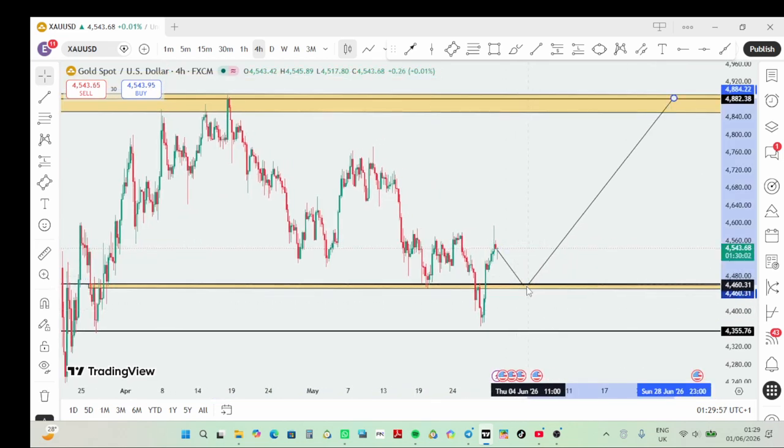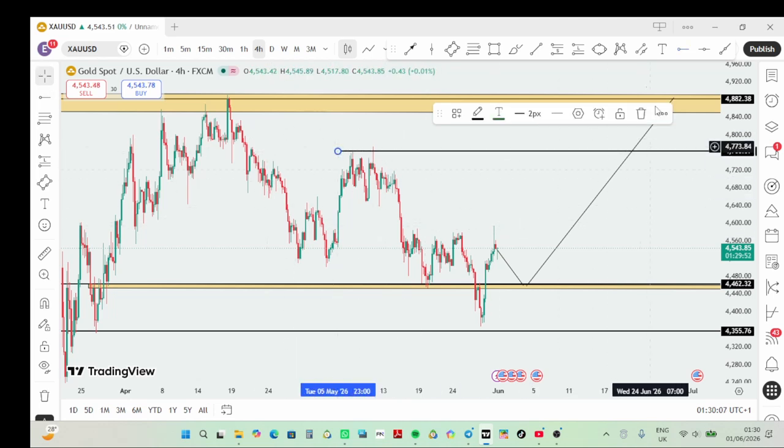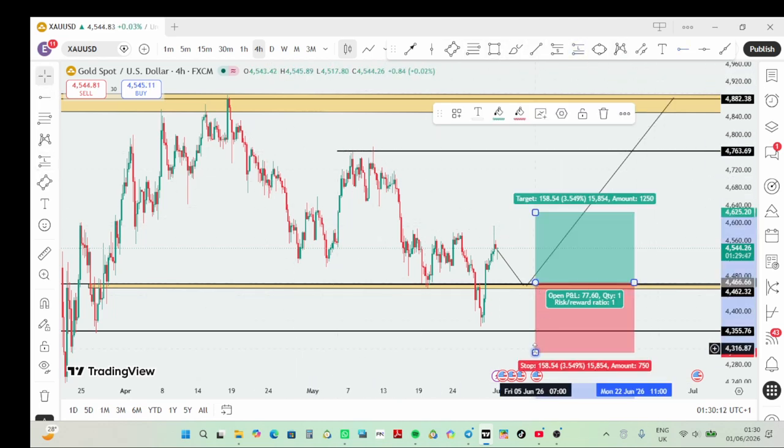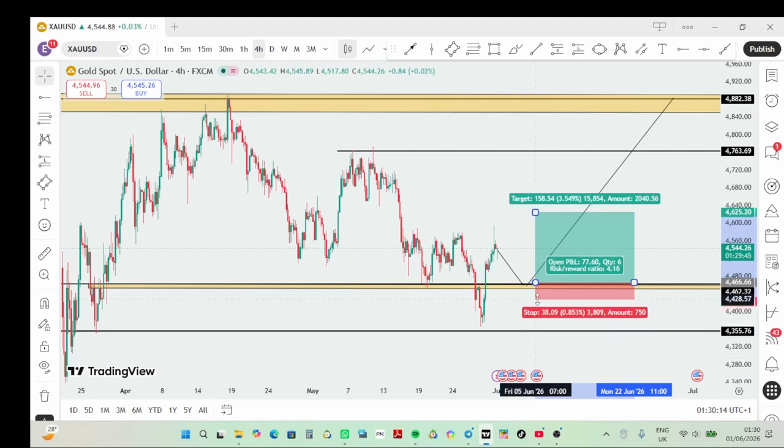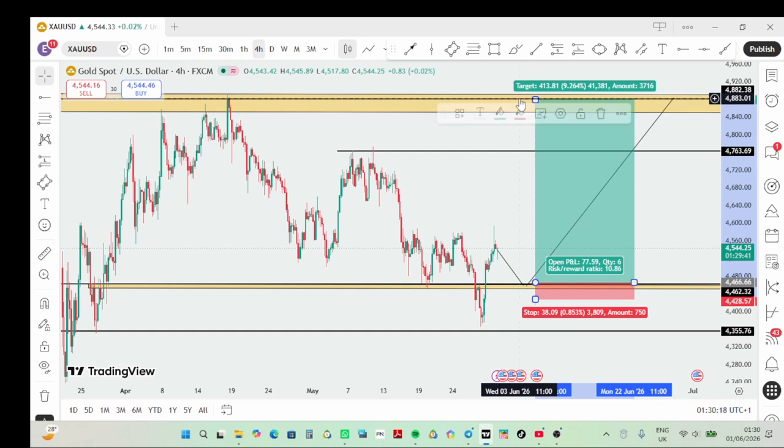I'm expecting the market to bounce and come to 4,462. Then from there we look for a push to the upside. So we're looking for a buy from this level, from that zone up to this point here.